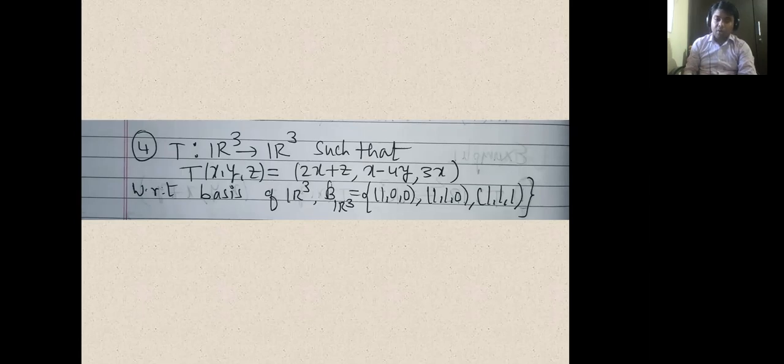So alpha is 1, beta is minus 2, and gamma is equal to 3.